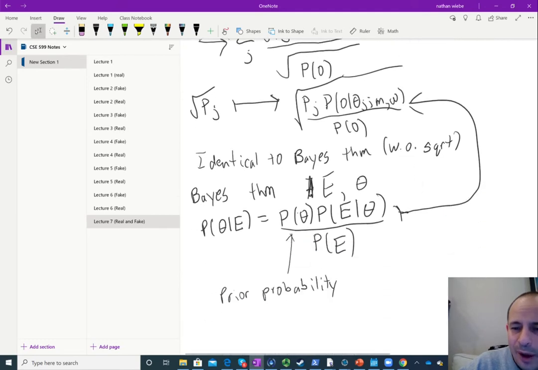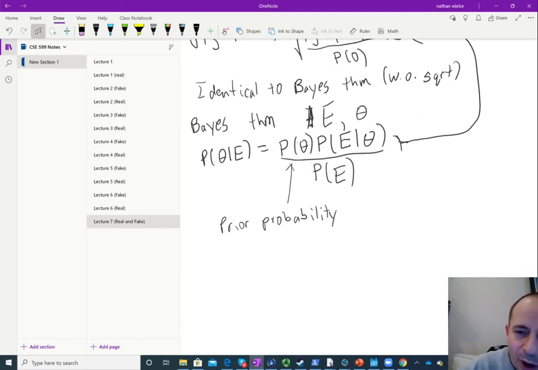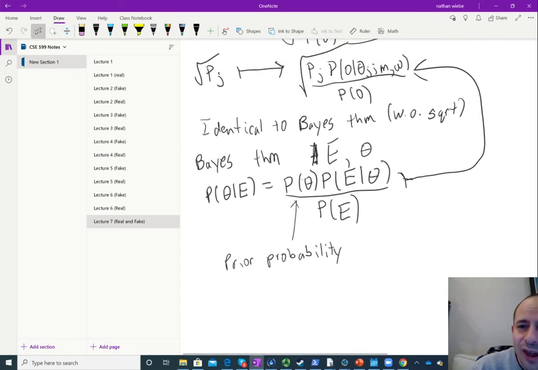And the neat part about it is that when people normally apply Bayesian inference, this prior probability is a number, like a quantity in a vector that we're keeping track of. In this case, it's the wave function amplitude itself.